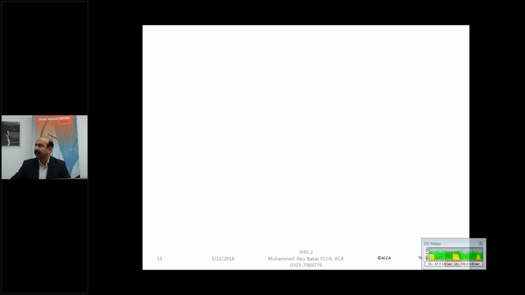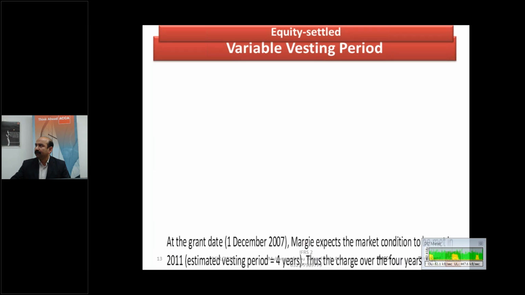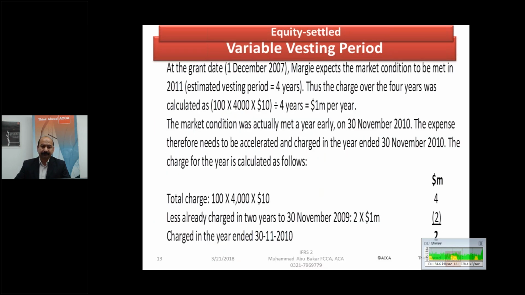Okay, let's look at its solution. At the grant date, 1st December 2007, Margie expects the market condition to be met in 2011. Estimated vesting period 4 years.